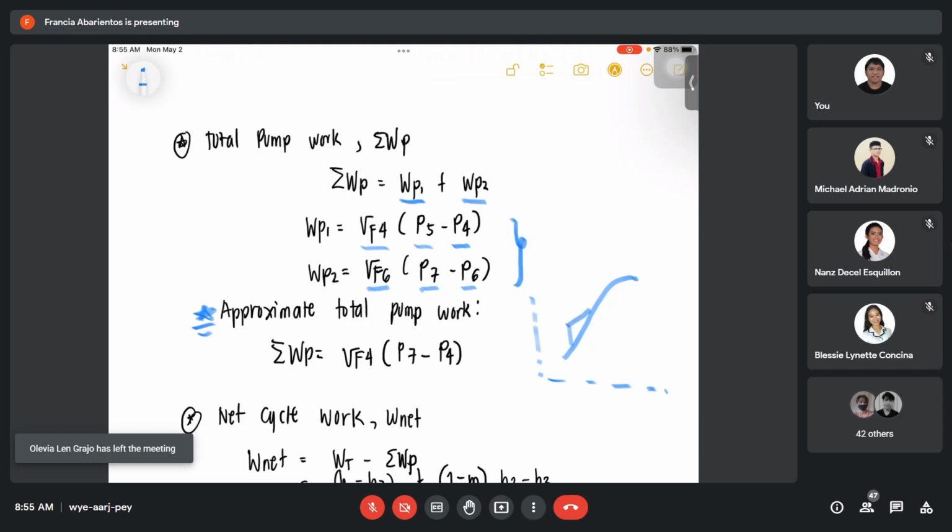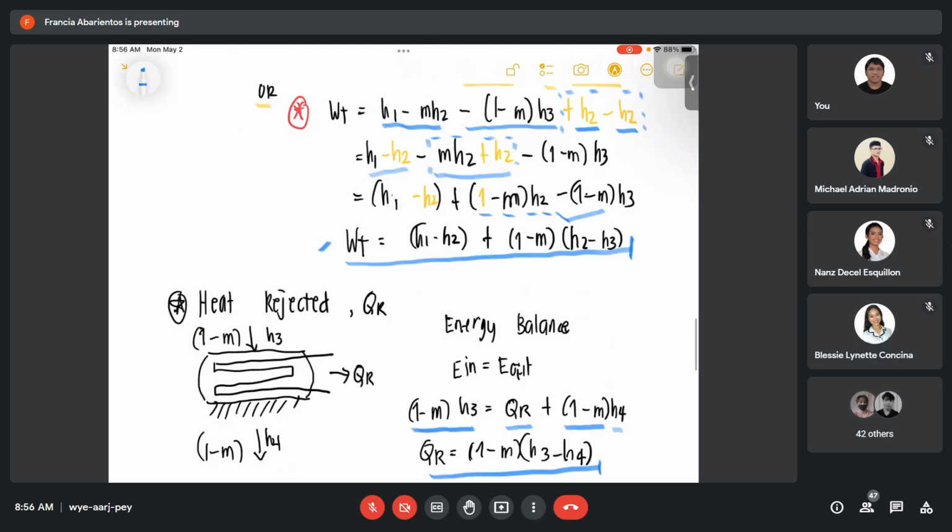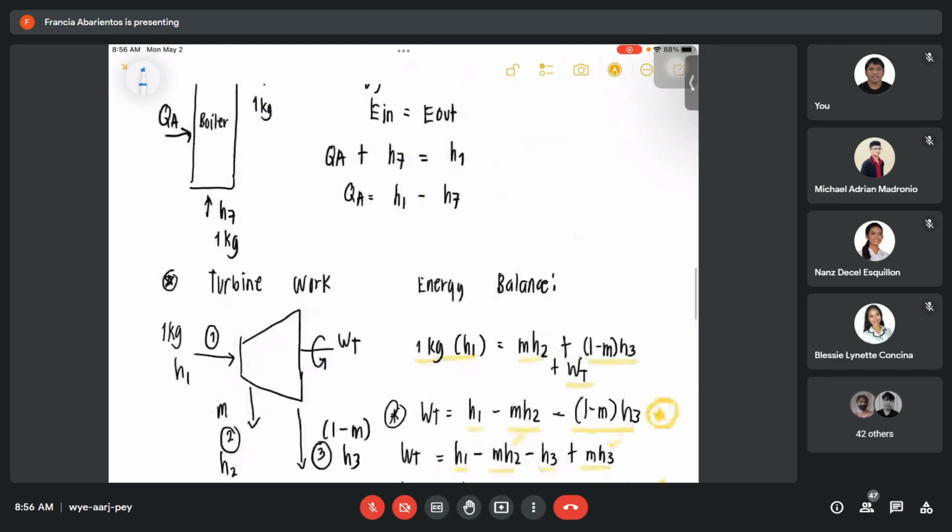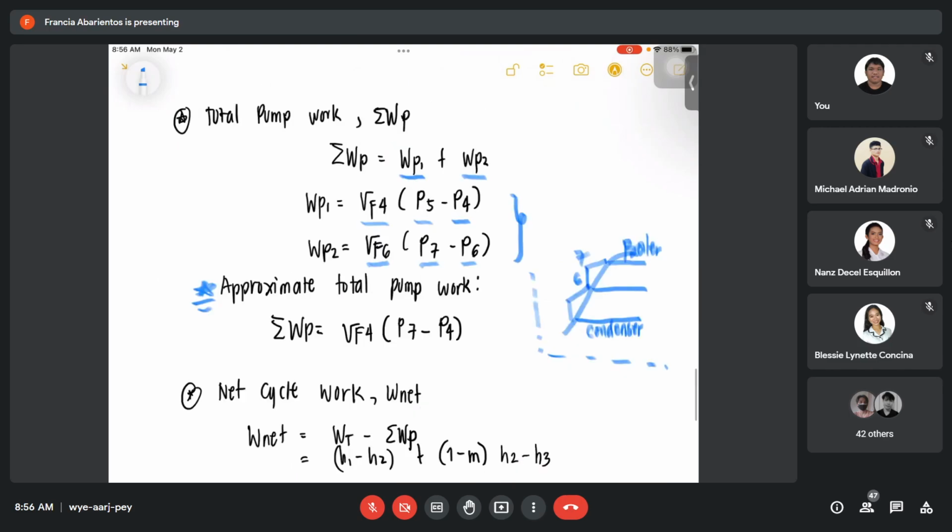Dalawa yan sa boiler. So this is from the condenser. Ito yung sa boiler natin. So this is point 7, this is 6, and this is 5 and this is 4.